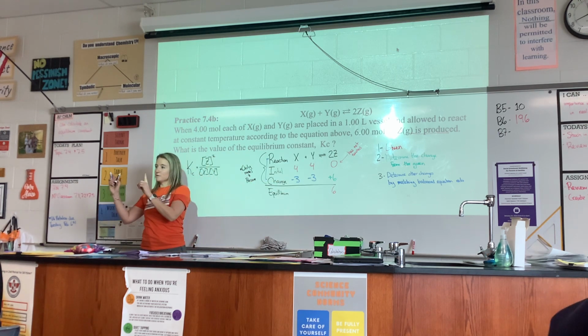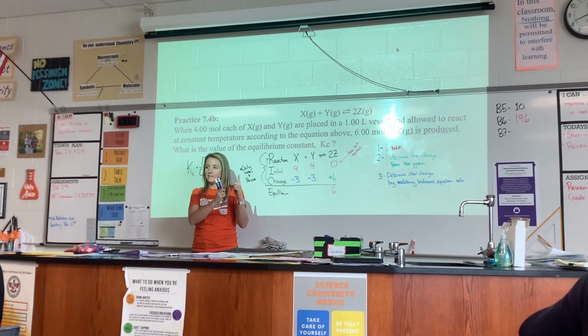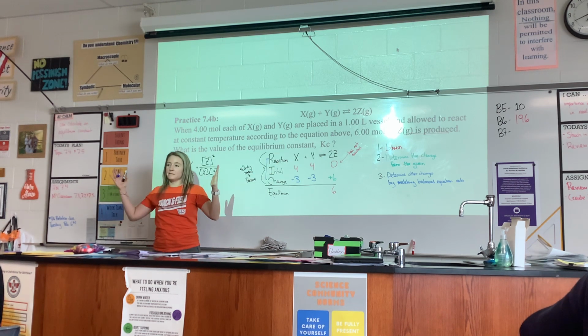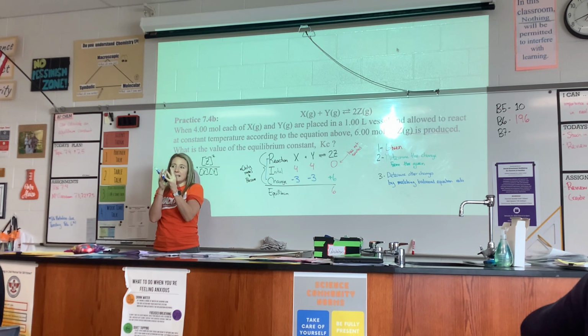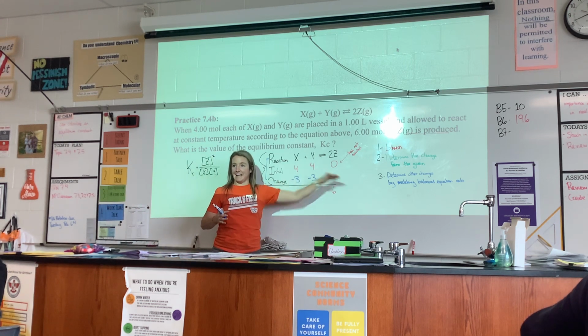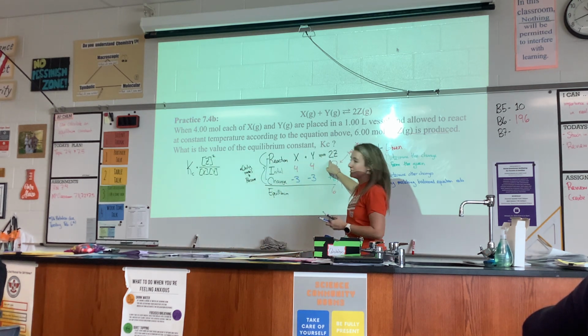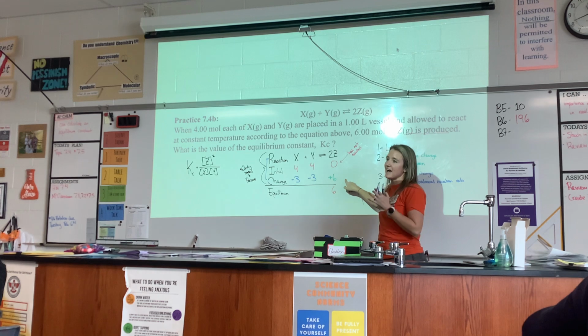Remember, 1 mole plus 1 mole can equal 1 mole, because if X and Y became XY, it's 1 molecule. From here on out, every problem we do after this, it's not going to match. So I realized it was a bad first example, so do whatever you need to recognize for yourself, like, don't connect that. The connection here is 1:1:2. That's the connection that will always be true.